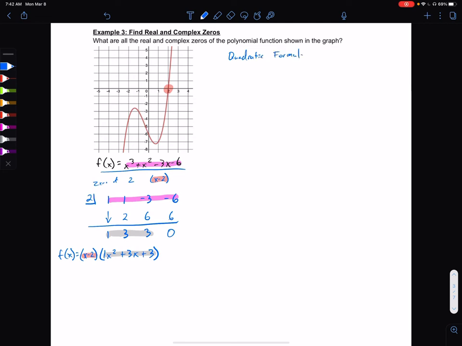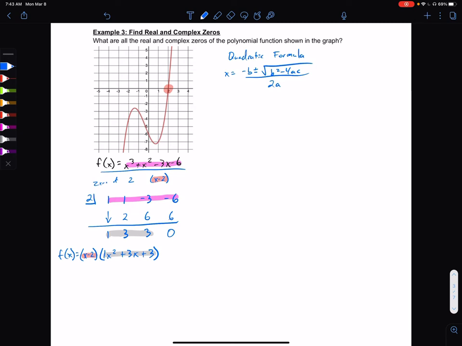Since it's a quadratic, to the second power, I can use the quadratic formula and it will always give me the zeros, whether they are real or complex. So the quadratic formula: x is equal to negative b plus or minus the square root of b squared minus 4ac, over 2a.